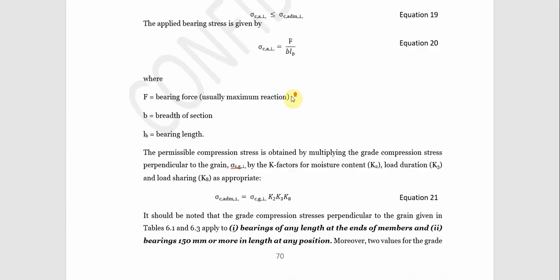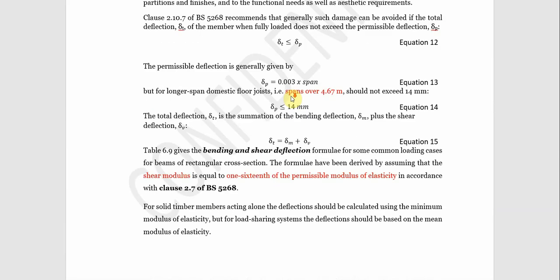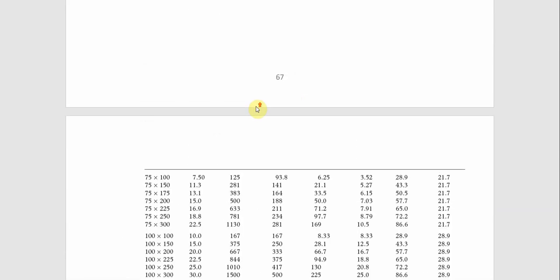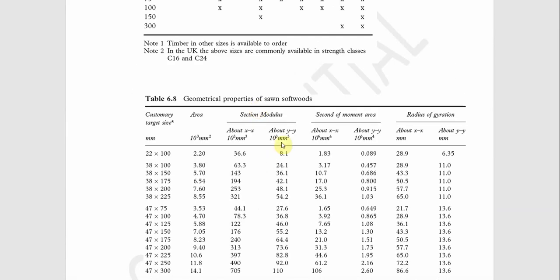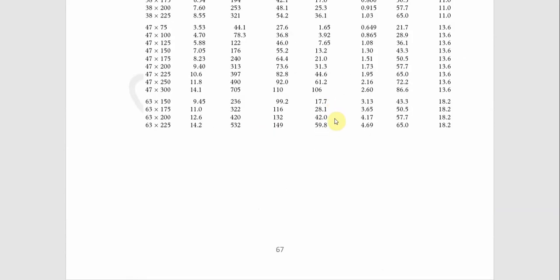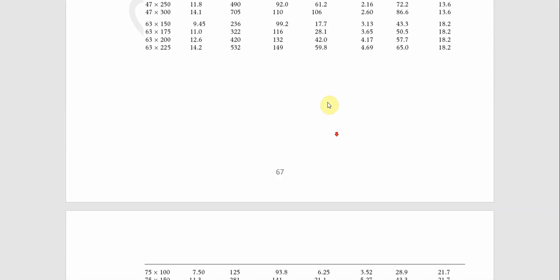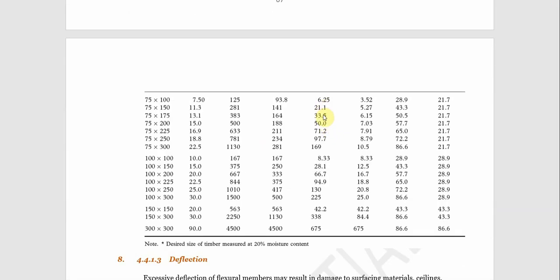Section modulus 6.8. So second moment of area. Now where we have 60 something, you can see here we have 71, here we have 97.7.